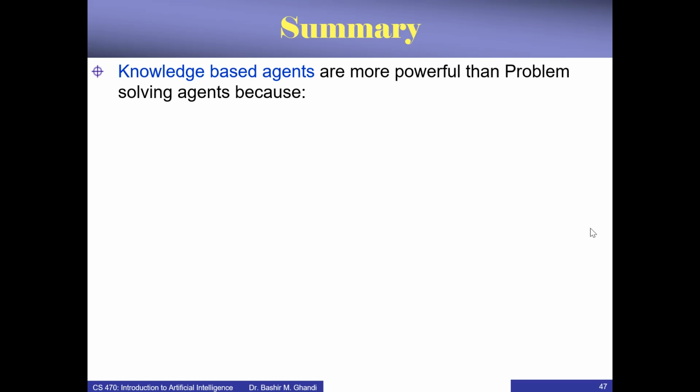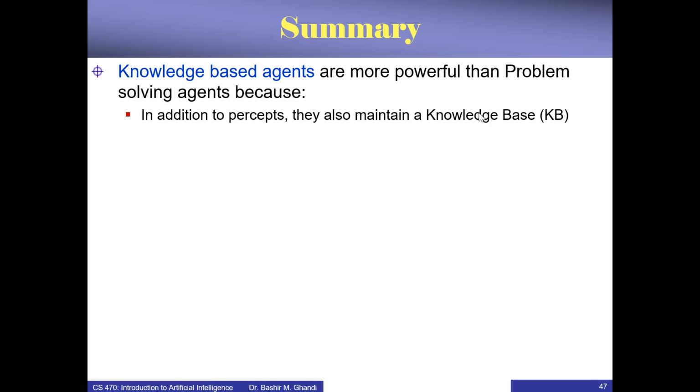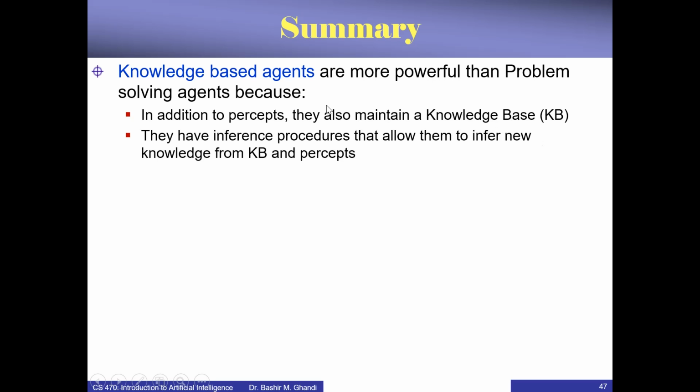So in summary, before we conclude, we have learned in this lecture that knowledge-based agents are more powerful than problem-solving agents because of two things. One, in addition to perceiving percepts, they also maintain a knowledge base, which they can use to do the second part, which is they have inference procedures that allow them to infer new knowledge from the KB as well as the percepts.